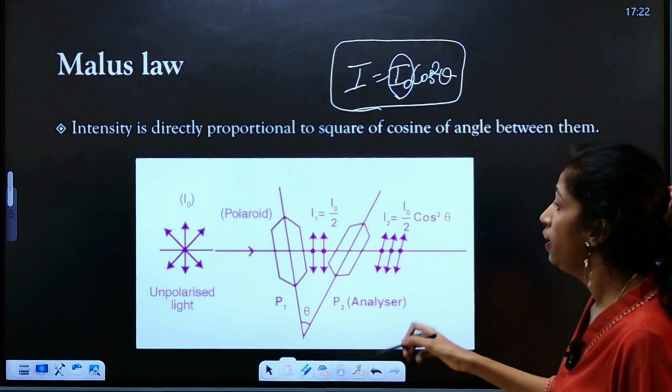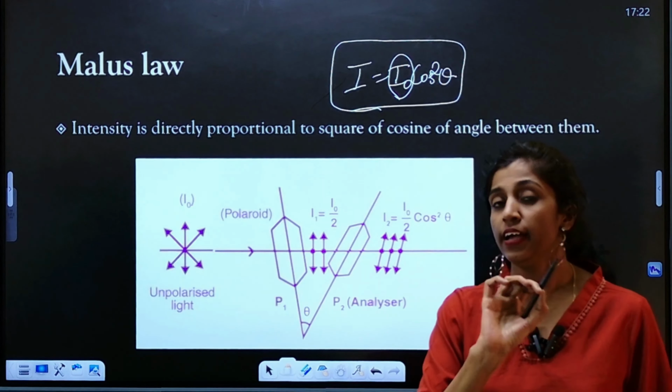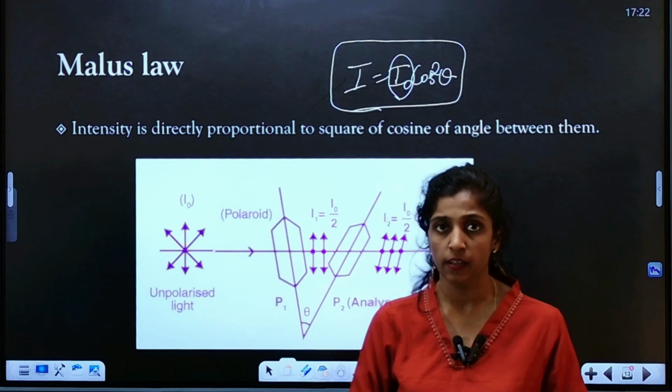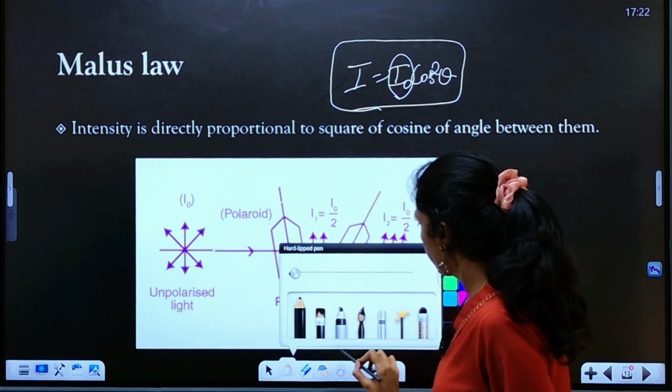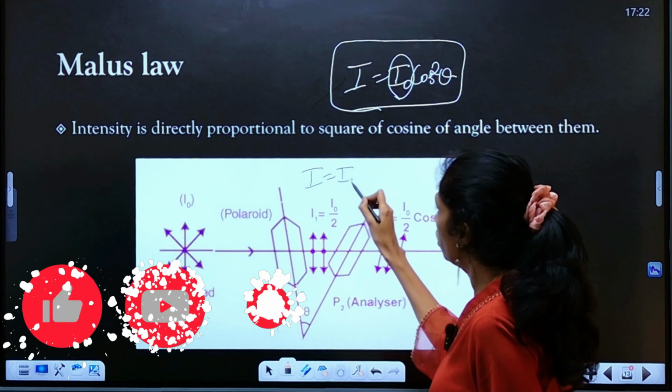Remember this formula. Also, one hint: as light strikes the polarizer, its initial intensity reduces by 50%. That's the reason we write the intensity entering here as I naught by 2.